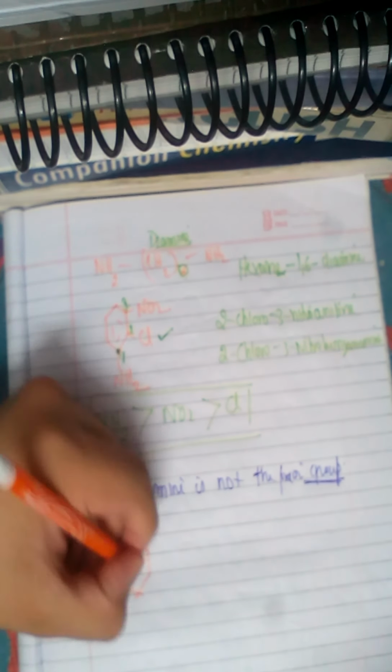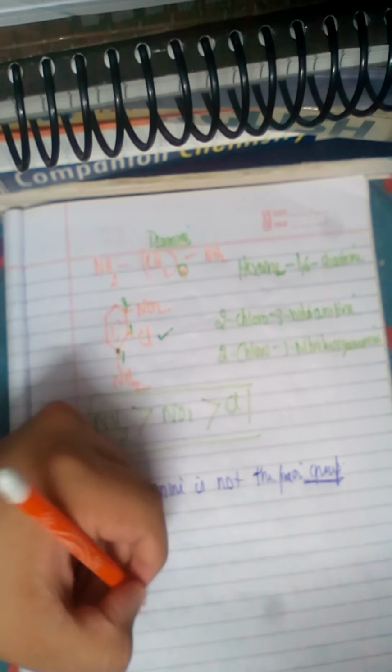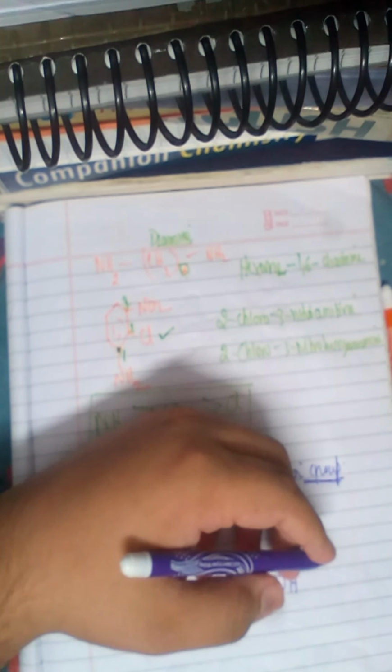For example, I have this as my compound, and I have amine here, and I have alcohol here. Now here I have 2 functional groups to compare, an NH2 group and an OH group. According to the priority order of class 11 which you had learned, the OH group is more prior than the amine group.